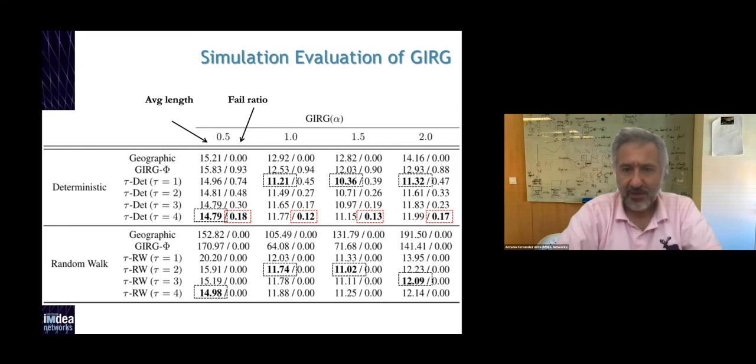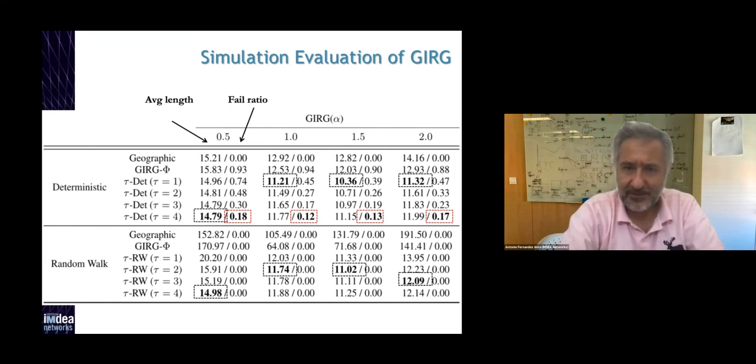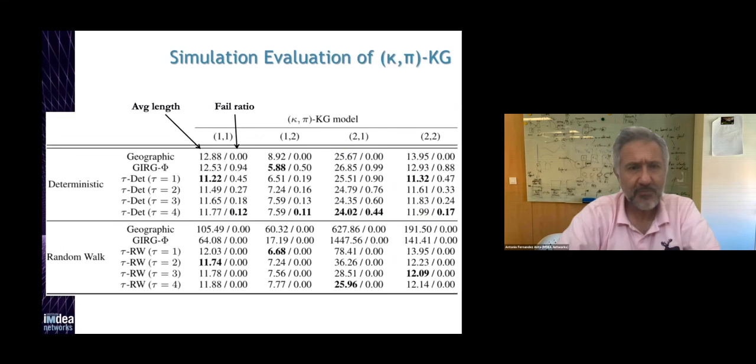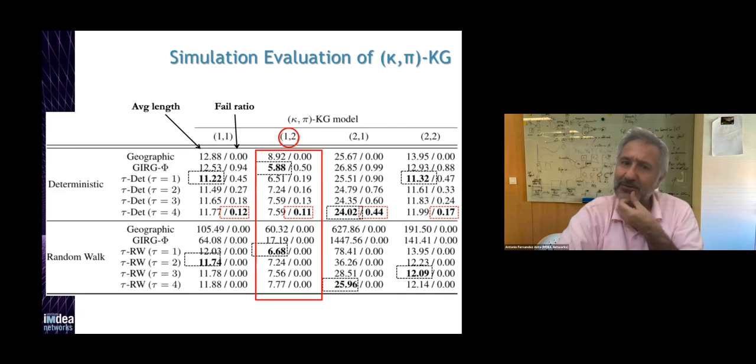So essentially, what we can observe is that the randomized versions have very similar number of hops on average, which means that by doing randomization, we're not losing too much. And well, out of all the options, 1.5 is the best. When we go to the topology obtained with our method, what we observed is that, again, GERC pi gets better.